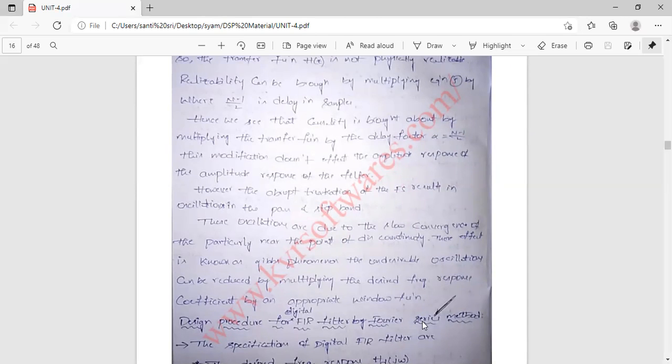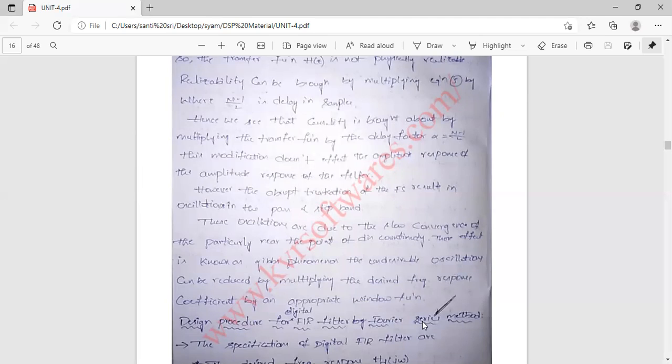However, the abrupt truncation of the Fourier series results in oscillations in the pass and the stop bands. These oscillations are due to the slow convergence of the Fourier series, particularly near the point of discontinuity.